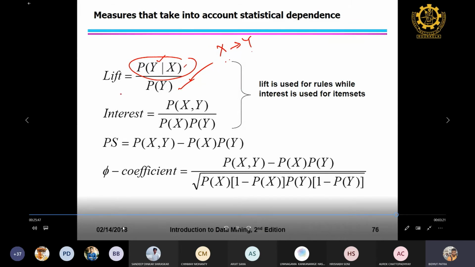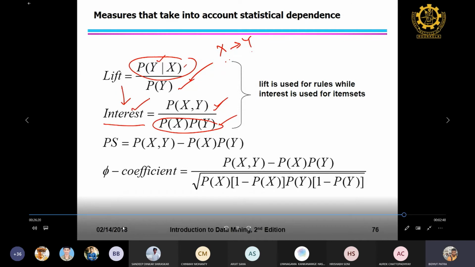And similarly, there is related information called the interest. So joint probability divided by the individual probabilities. This is showing that if it is independent, we are dividing by the independent value. And if it is positive, then we say okay, there is some correlation. It cannot be negative, because this is a probability and the individual is also a probability.